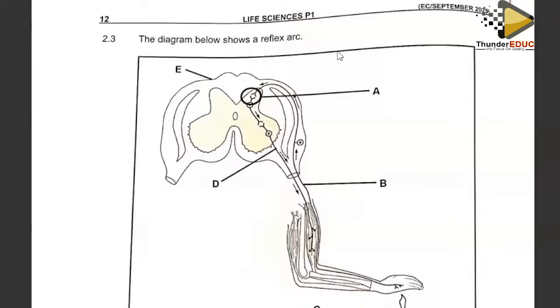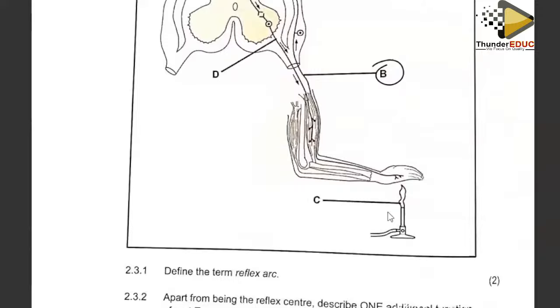So A looks to be a synapse, and then B looks to be, what is this? It comes like this. This one, the arrow is going in. So it looks to be the sensory neuron. And then C looks to be the stimulus.